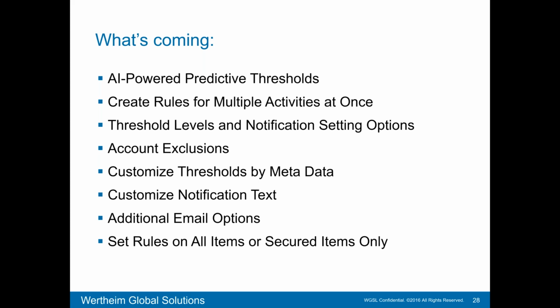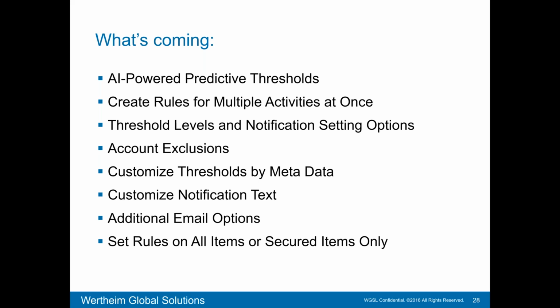One of the biggest changes is that instead of having to enter thresholds based upon raw numbers, such as a threshold that says if a person exceeds 10 downloads in a day, notify me, our predictive thresholds will examine what this person or this group of people does over time. Then you set it so that if a person exceeds their average workload on a certain activity by a certain percentage, it notifies the administrator.